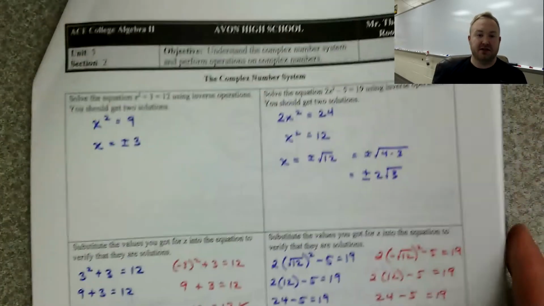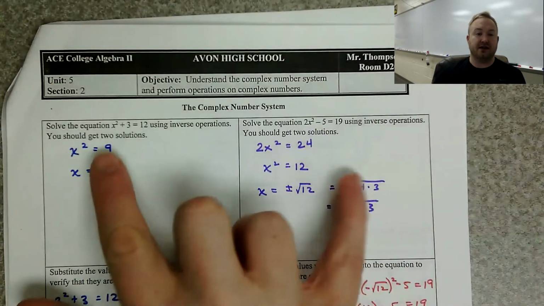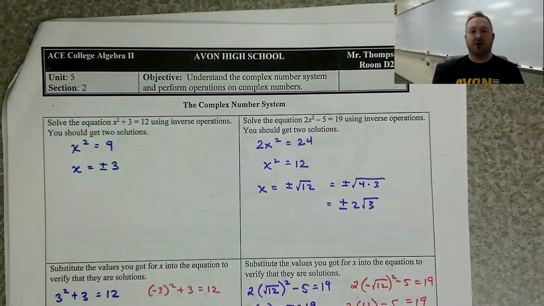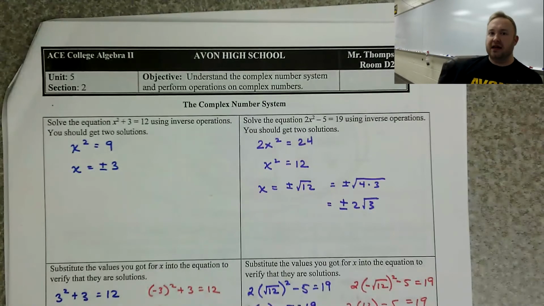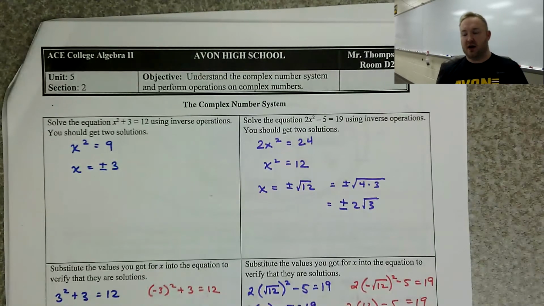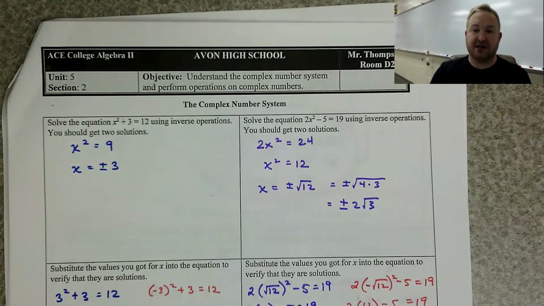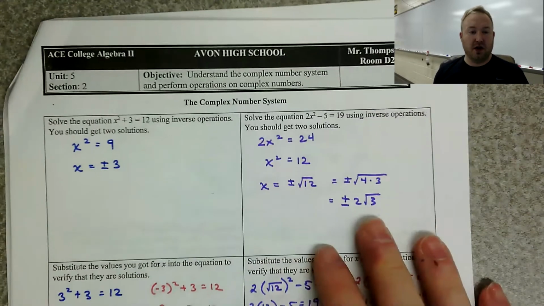We've got some examples of the different kinds of solutions that you can get to a quadratic equation. So we're setting you up for this ahead of time before we really get into solving a lot of quadratic equations.